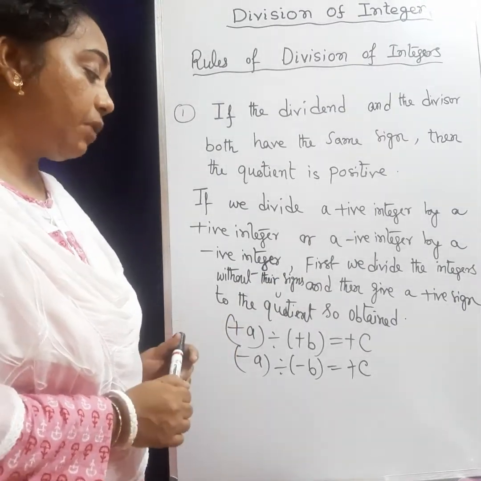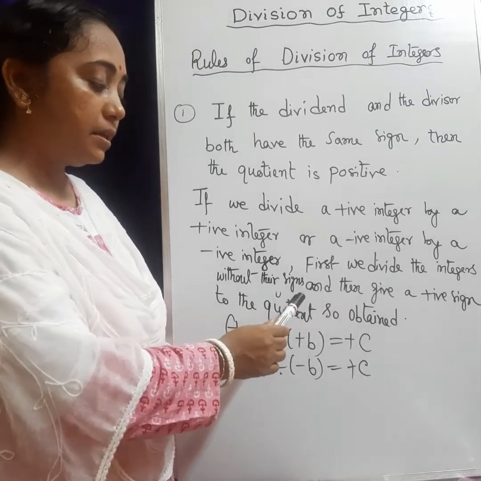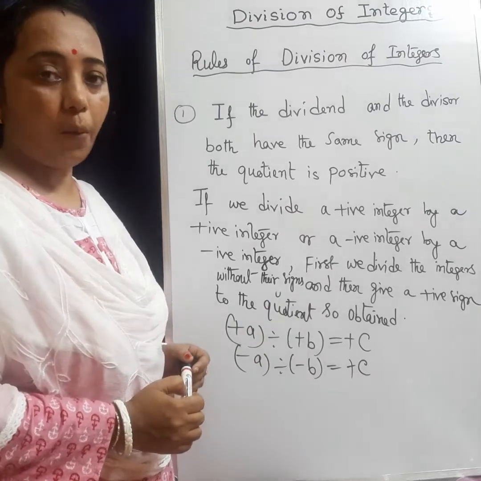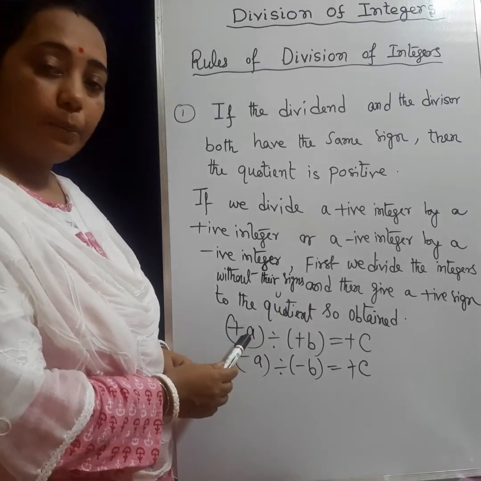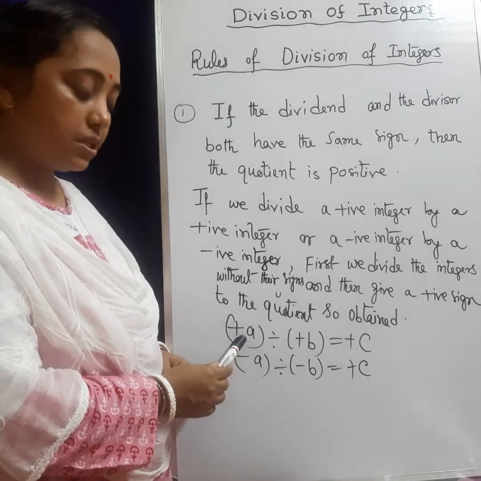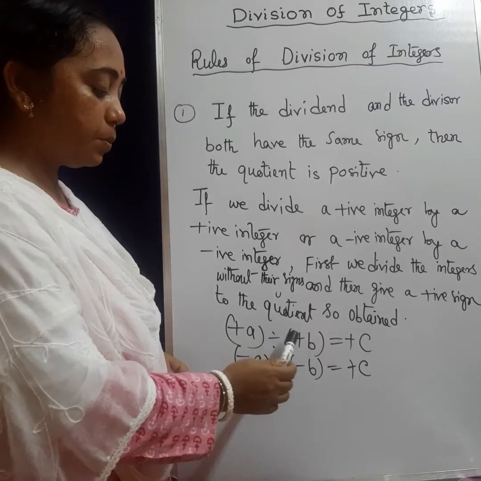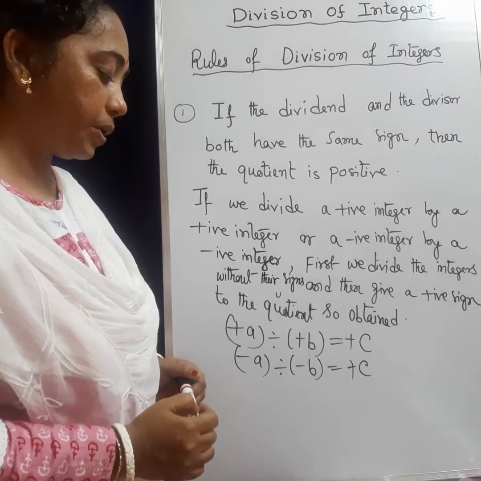First, we will divide the integers without their signs, and then we give a positive sign to the quotient so obtained. For example, if we consider plus a as the dividend and plus b as the divisor, then plus a divided by plus b will be equal to plus c, which is the quotient.